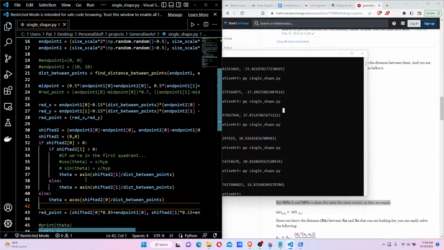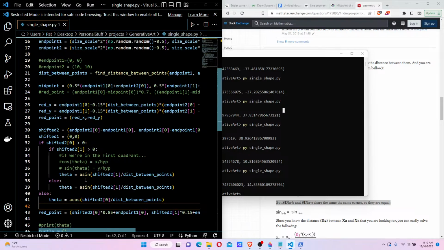And then at the end, you have to add on. So this will be slightly negative. You already subtracted x1, so now you have to add x1.